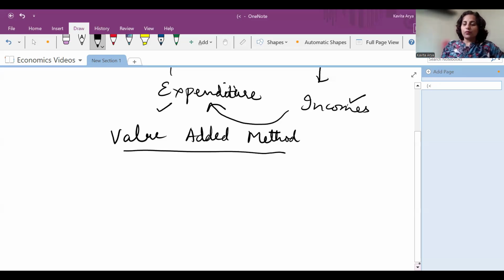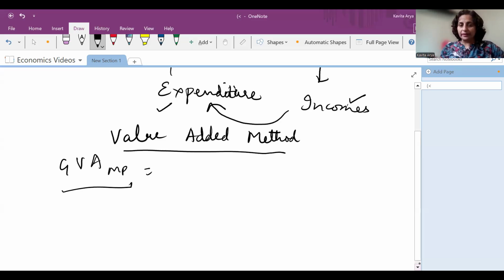Right. So first, let's understand the numerical aspect of value-added method, and then we'll talk about the other aspects. Value-added method gives us GVA at MP. What is GVA? G is gross value added. Gross means the value added in totality in the economy.